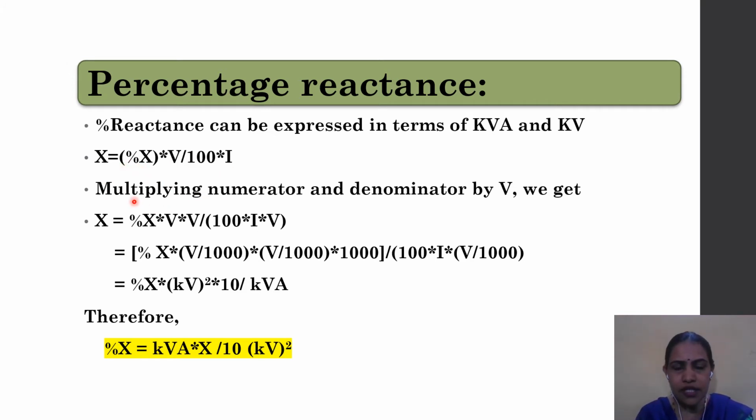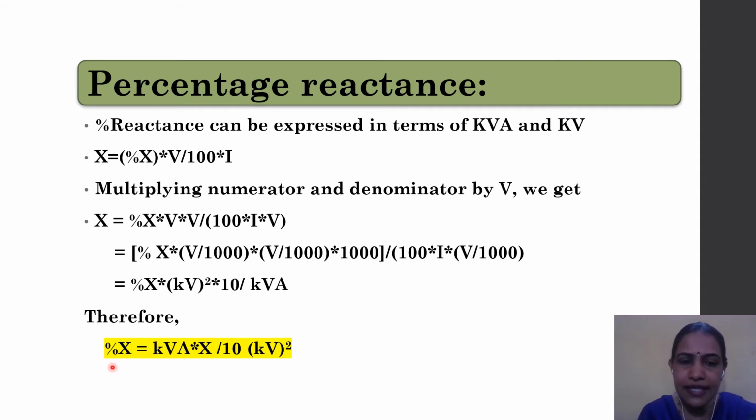Now, just for your understanding, you can note it down in your notebooks. The next step is multiplying numerator and denominator by V. So you will get the simplified term: X is equal to percentage X into kV square into 10 divided by kVA.